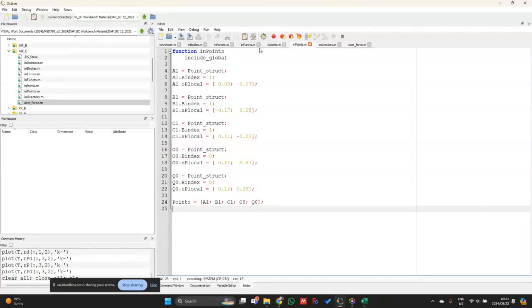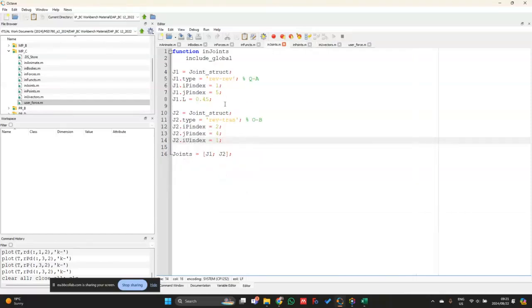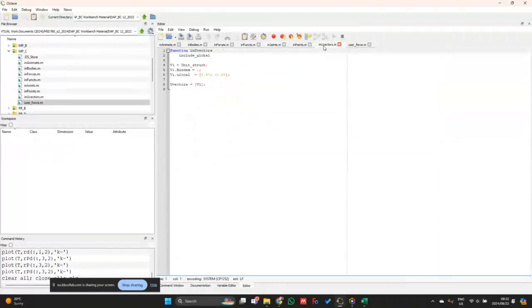And that is indeed the 2 points that it is acting between. And then lastly, I also just have to give the length, so the distance between the 2 points that have a revolute joint. And then lastly, we still have the joint structure J2, which is a revolute translation joint, and this remained exactly the same as what we had for MP_B.